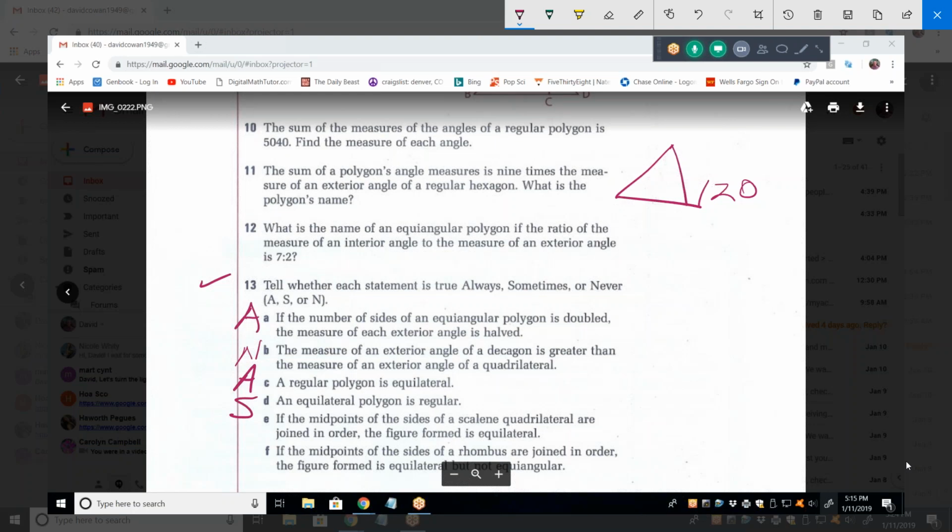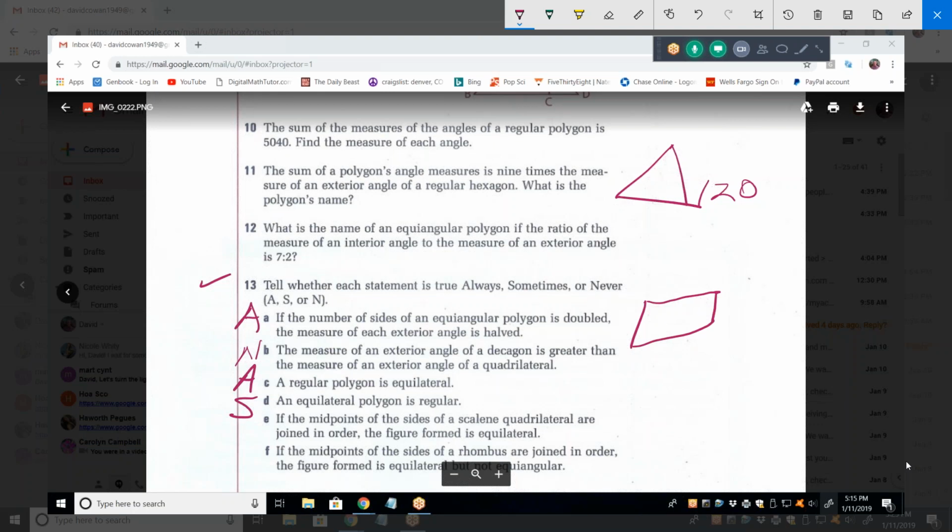If the midpoints of the sides of a scalene quadrilateral are joined in order, the figure formed is equilateral. Well, a scalene quadrilateral. There's a scalene quadrilateral, I think.